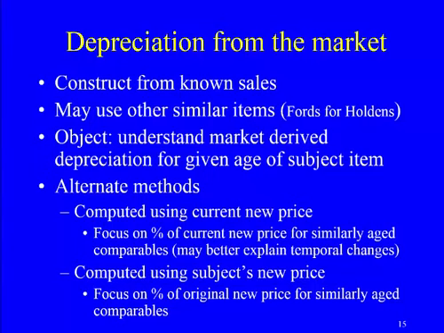For instance, with respect to motor cars, we might be able to extend our understanding of depreciation, say from Holdens to Fords, if we don't have sufficient sales evidence of the subject, although what we'll be looking at shortly will reveal that in some cases we have to be very careful that we are choosing genuinely comparable similar items. Overall, the object is to understand the market-derived depreciation for a given age of subject item.